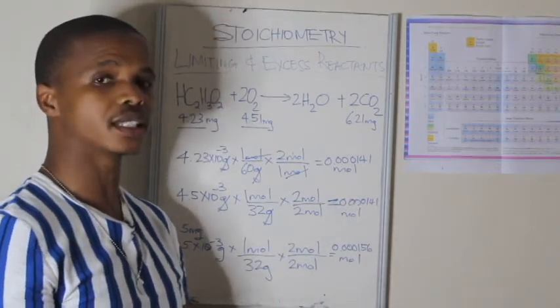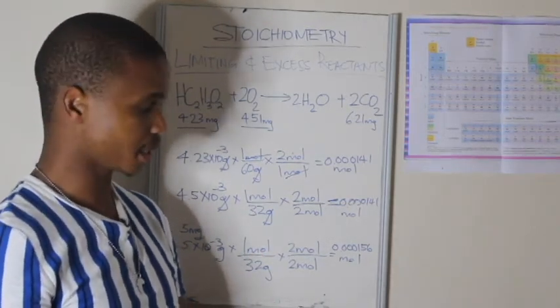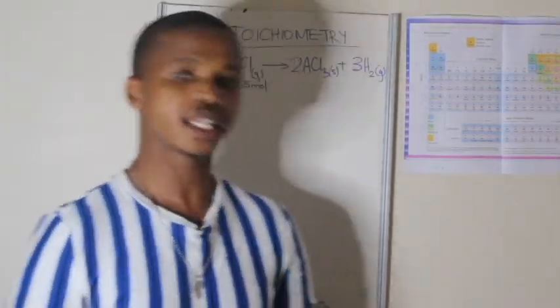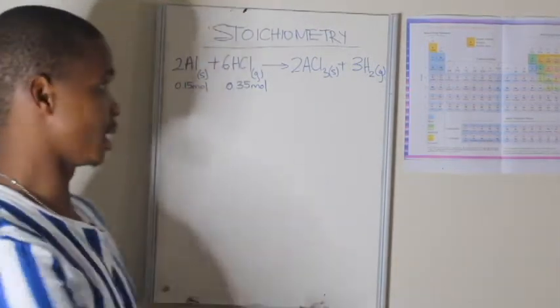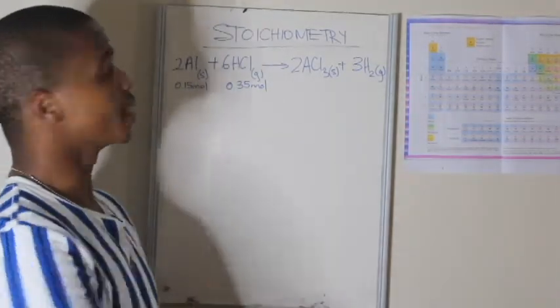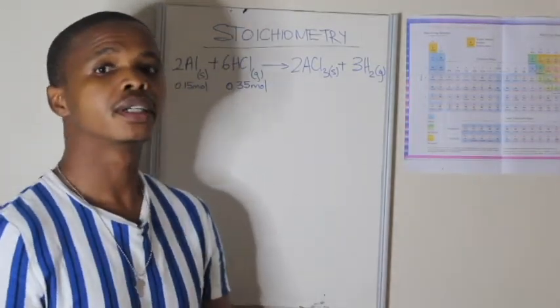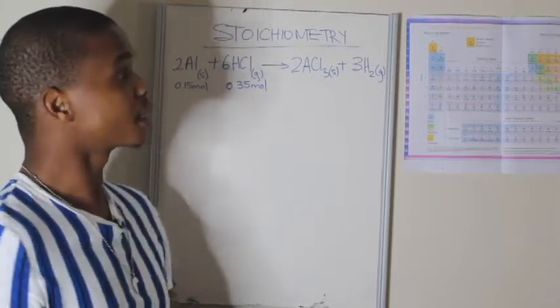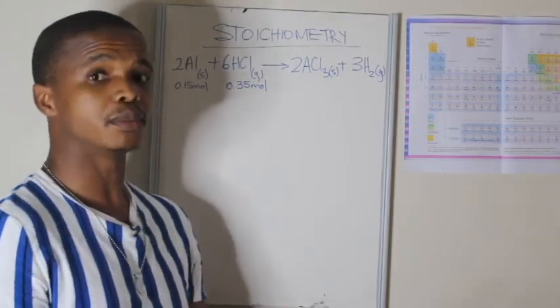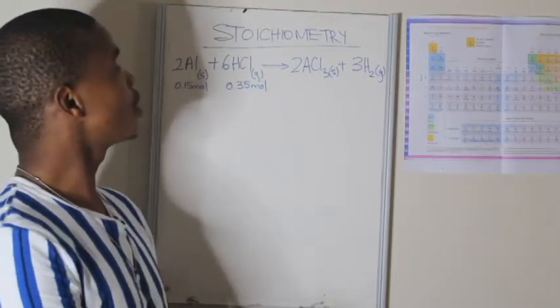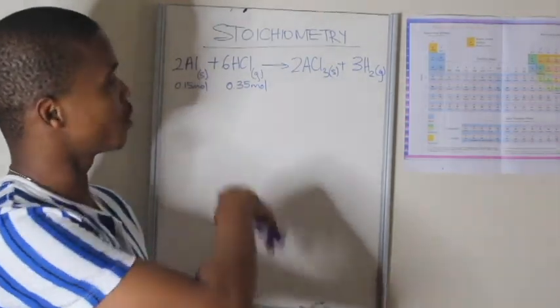Let's try to illustrate this in a different example. They can give you either the mass or they can give you directly the number of moles, or sometimes they can give you concentration, which would be your molarity, but you'll always have to go back to the number of moles.